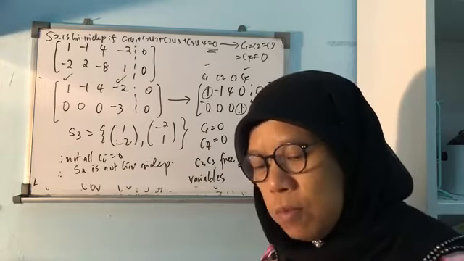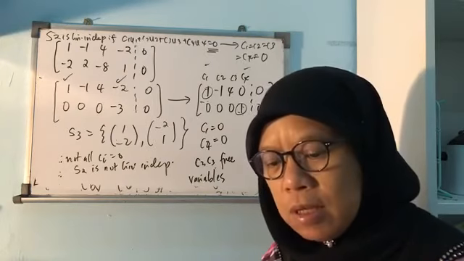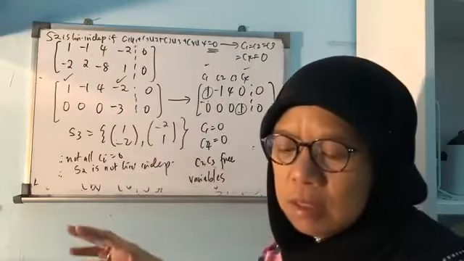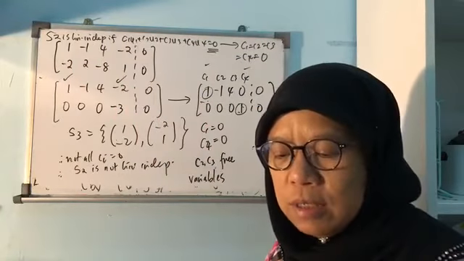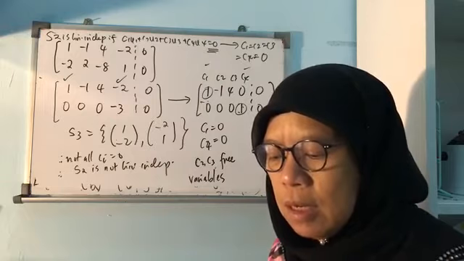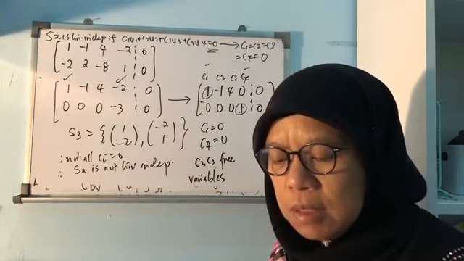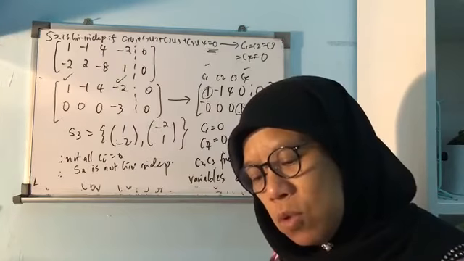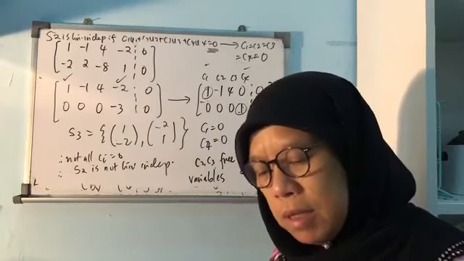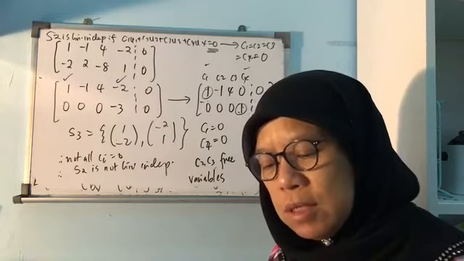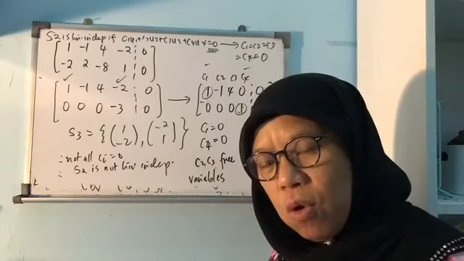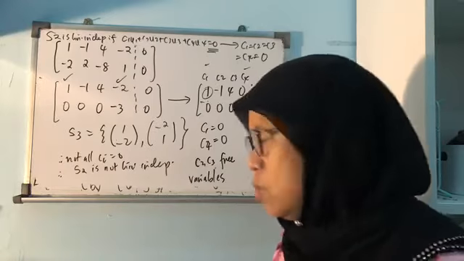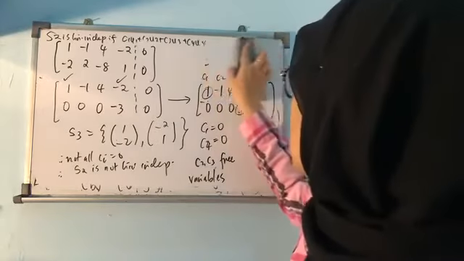Even if it's open book, even if the book is there, you have to write what it means according to the question. Now, S4 is a basis if it spans M2 by 2 and is linearly independent. So there exist C1, C2, C3, C4 such that the linear combination is equal to the vector.